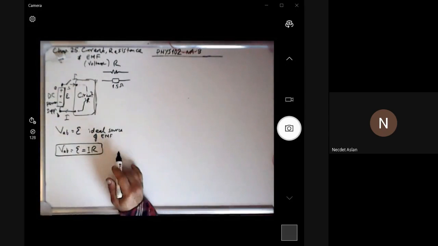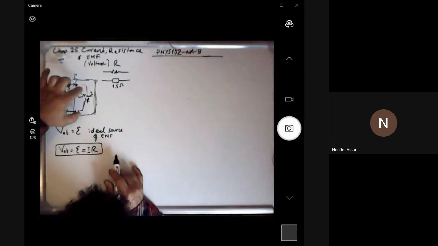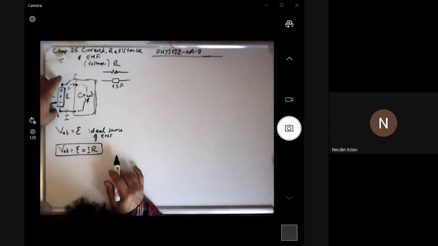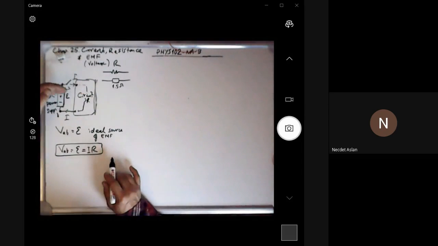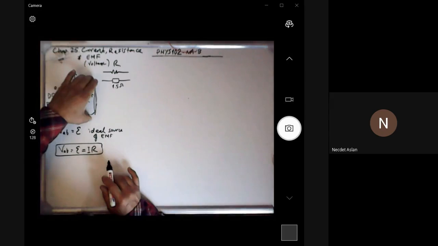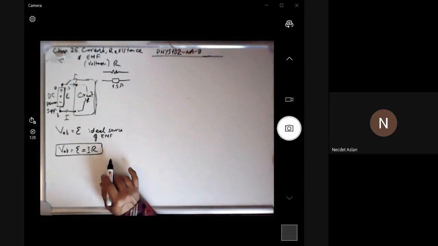Don't forget, the power supplies provide the voltage, but the current is determined by the resistance. The power supply doesn't push the current. People always think this way, right? That it provides the voltage and also the current. No, the current is obtained by the circuit, and the amount of current depends on how much load you have or how much resistance you have in the circuit.